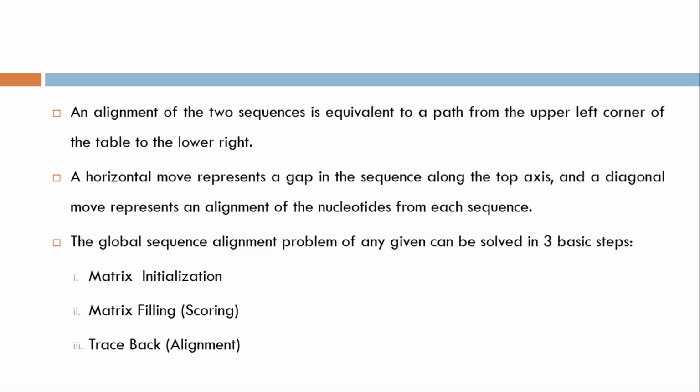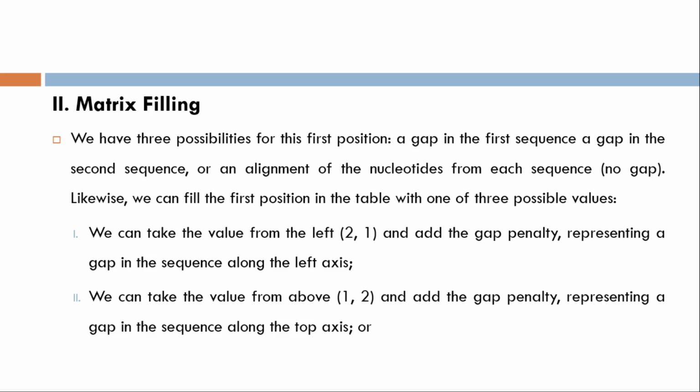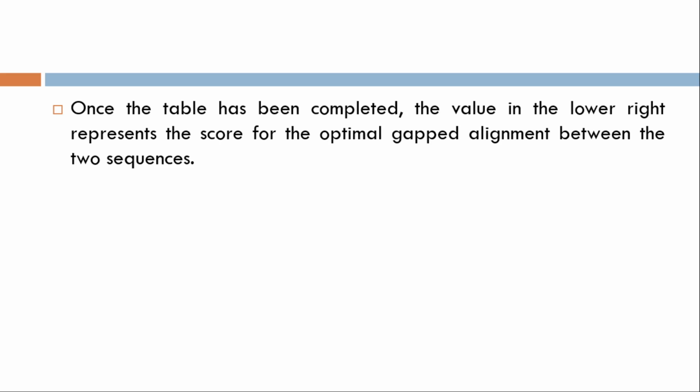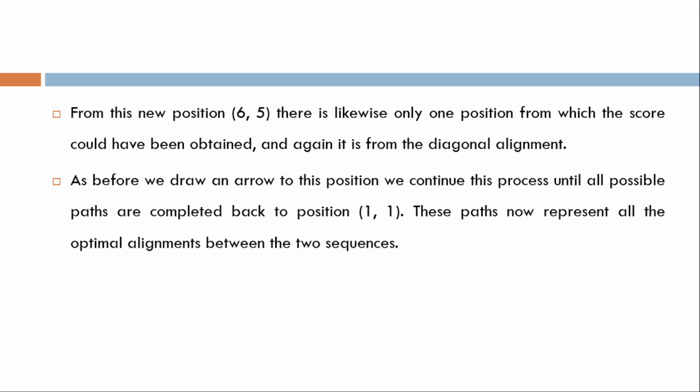And number three, trace path, that is actually known as alignment. So let's understand: matrix initialization, matrix filling, and then finally the trace path. You can pause the video in between and read it later on.